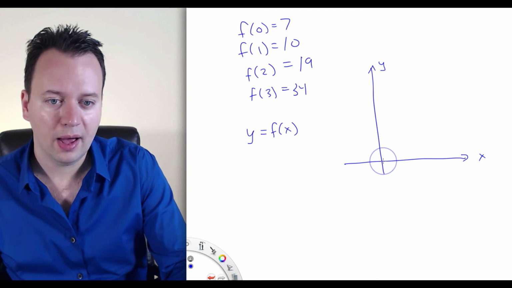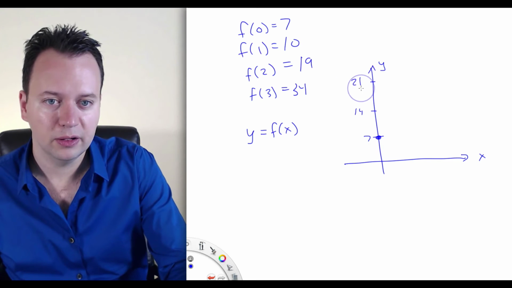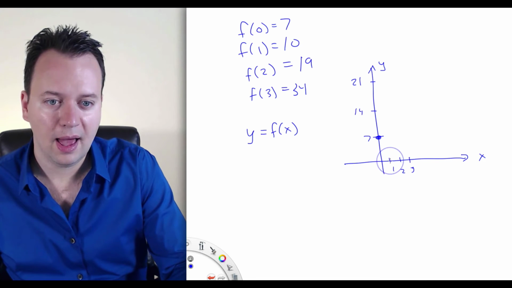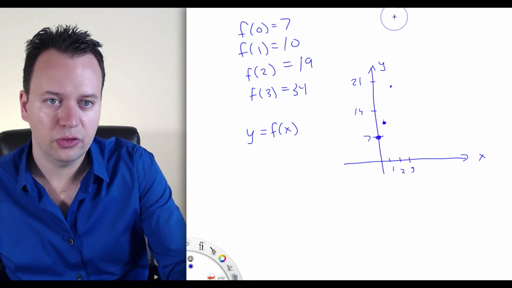So for example, x is equal to 0, the output was 7, so we'll call that 7. So I guess this should be about 14, should be about 21. So 1, 2, 3. So when x is equal to 1, we got 10, which might be about here. When x is equal to 2, we got 19. X is equal to 3, we got 34.